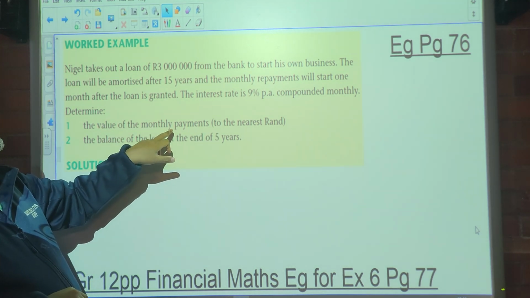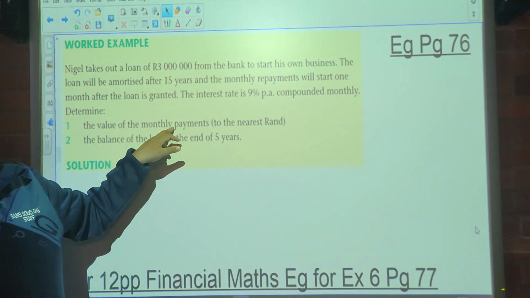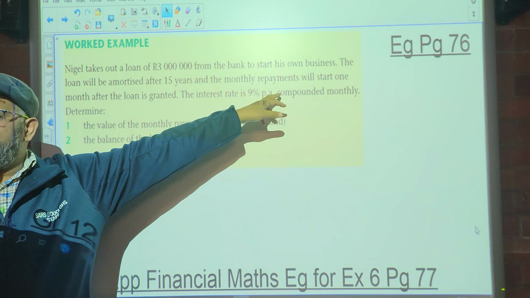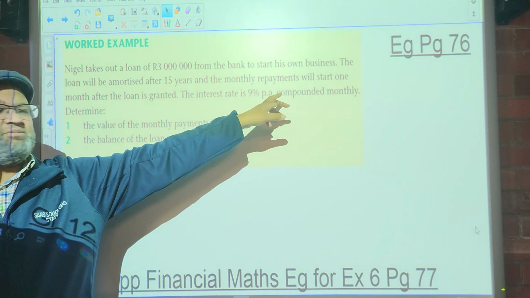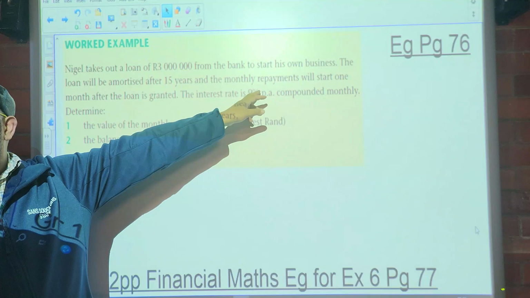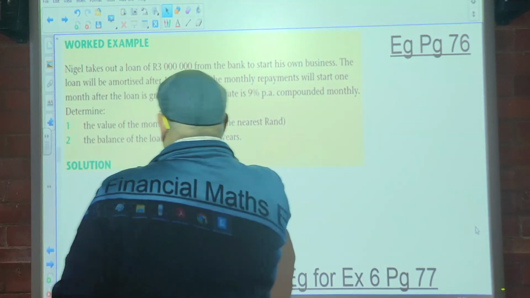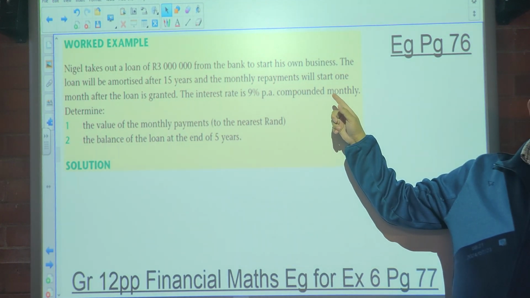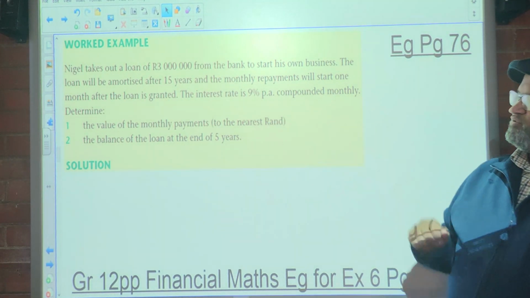So here we're looking at a monthly installment and monthly growth on your interest. So your payment frequency is in line with your compounding. Can you see that, people? So that's also in line.